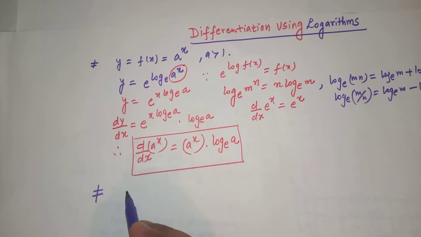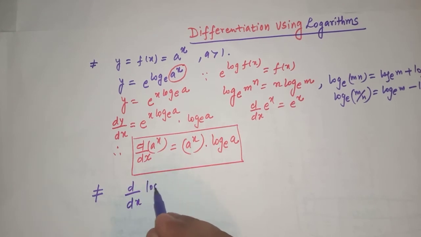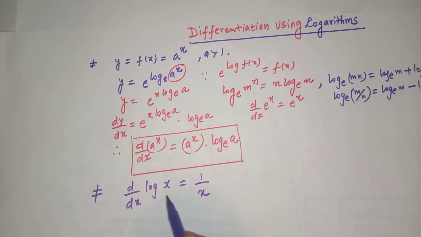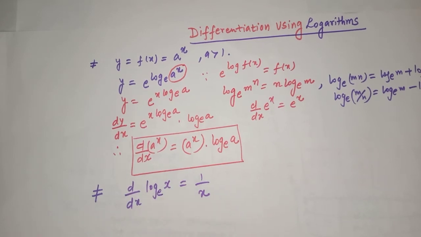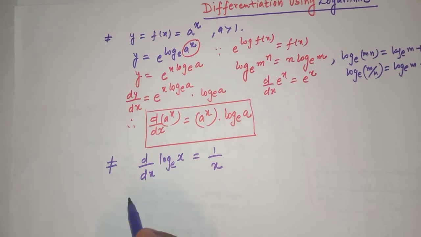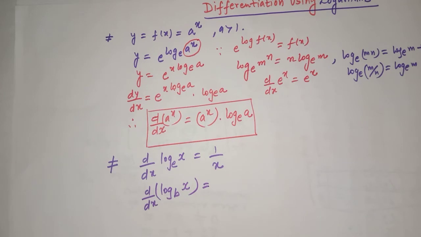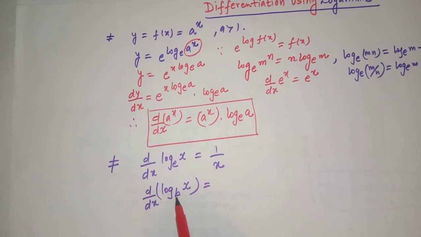So far we have discussed the derivative of log of x, and it is 1 over x. Now this result is true when we have the base e. Now if we change this base, then what will be the derivative of log x? Let us say if I write log of x to the base b. What is the derivative of this function?